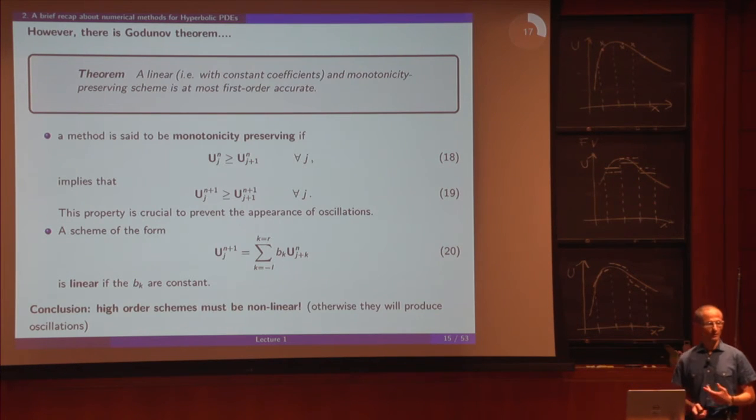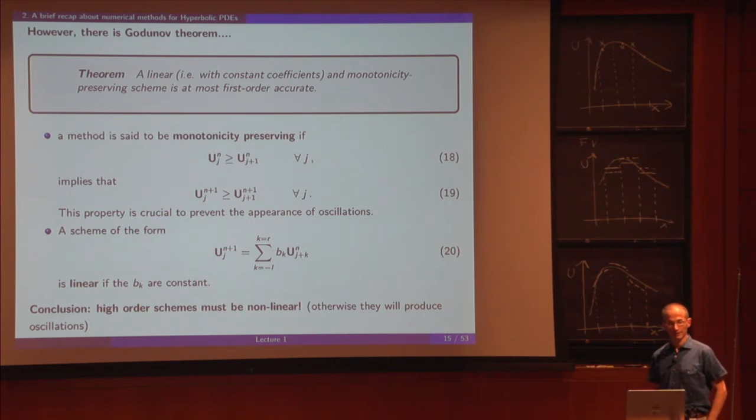So we want to go to higher order, and unfortunately there is another theorem due to Godunov again, and it says the following, that a linear with constant coefficients and monotonicity preserving scheme is at most first order accurate. So let's see what it means in practice for us.